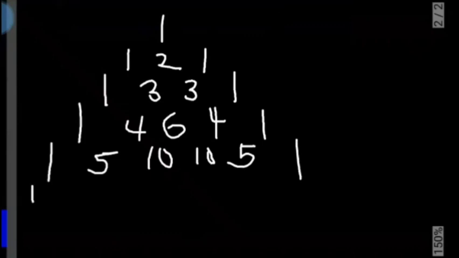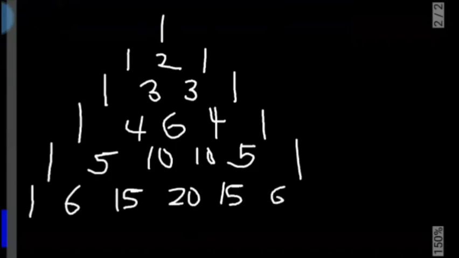Then the next row starts with 1, and 1 plus 5 is 6. Then 15, 20, 15, 6, 1.